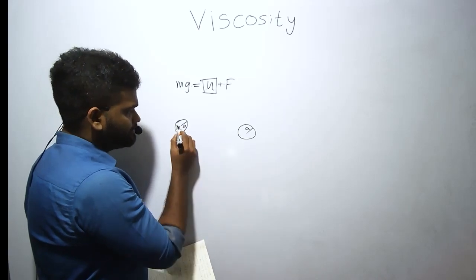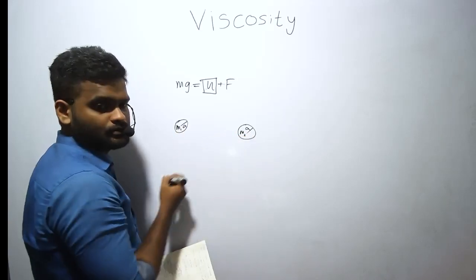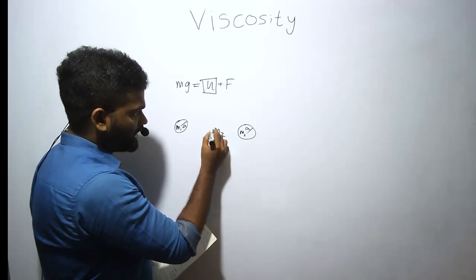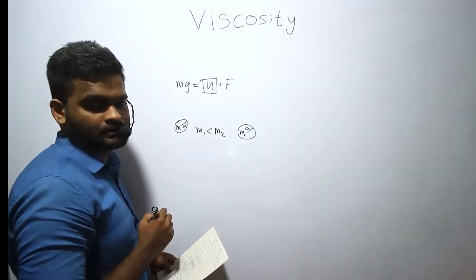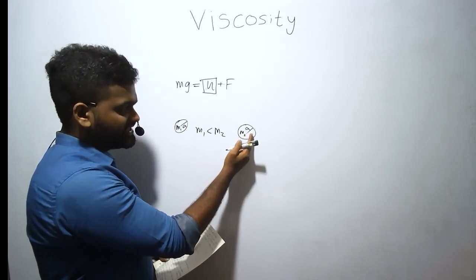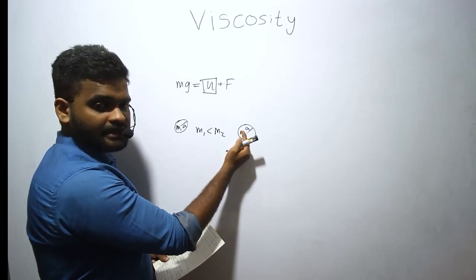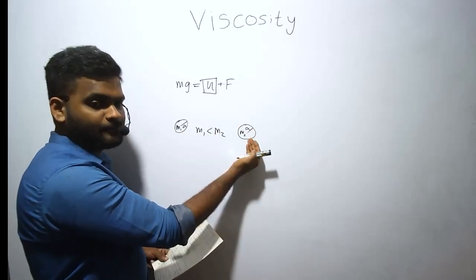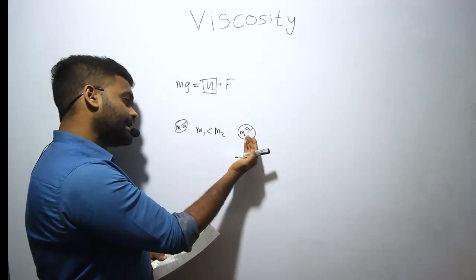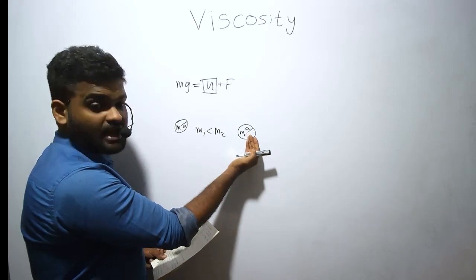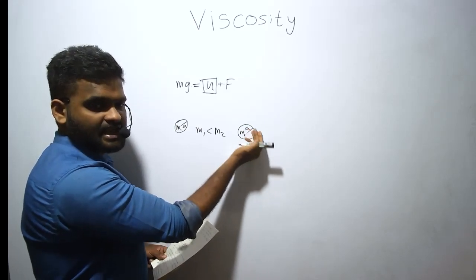Let's say mass here is m1, mass here is m2, and m2 is higher than m1. How can this happen? If the density of this one is higher, even though it has the same volume, same radius means both have the same volume. Higher density, higher mass.